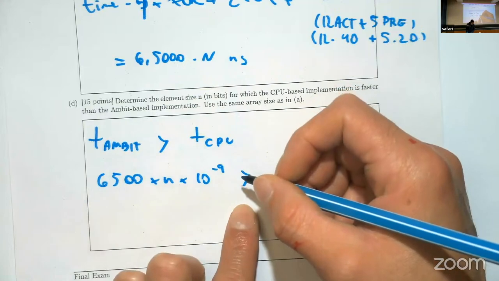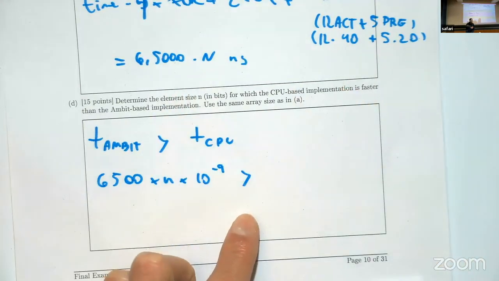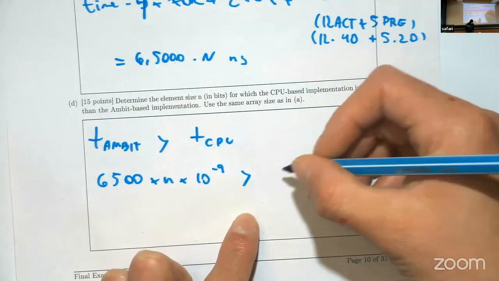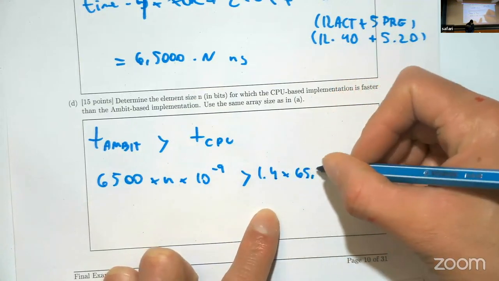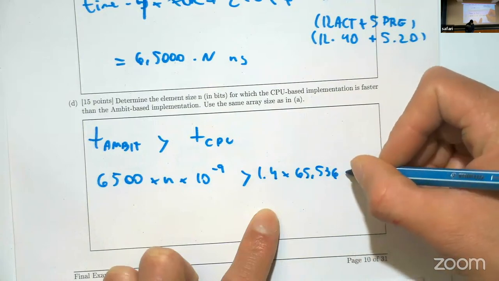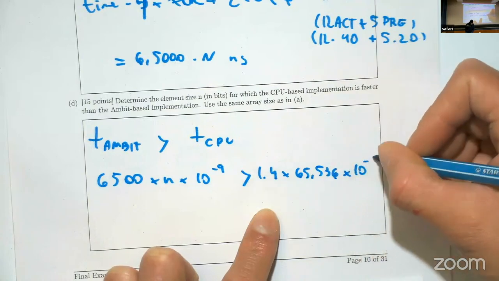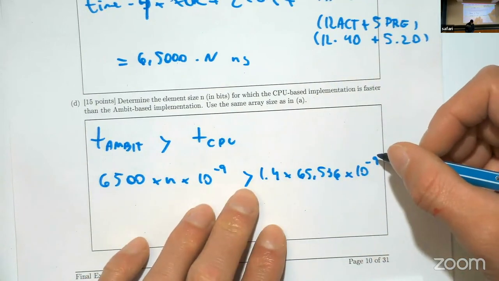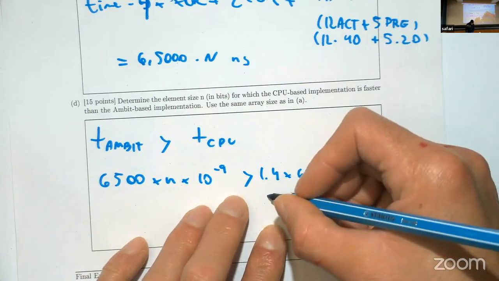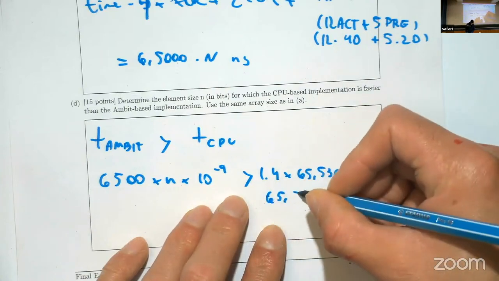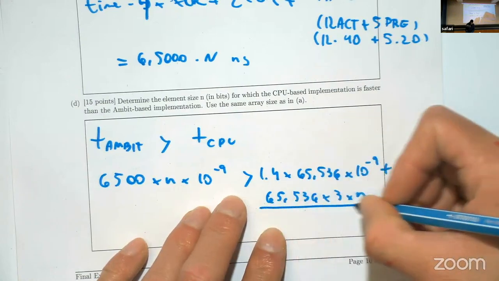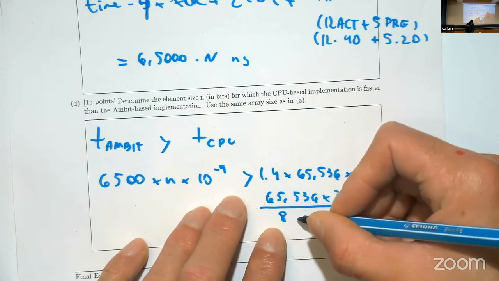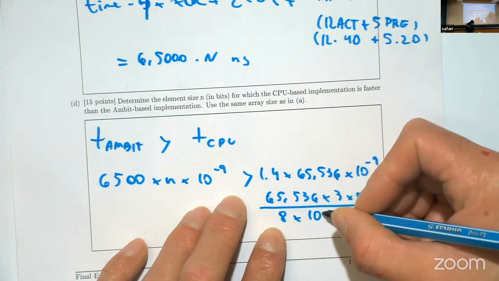And for the time of the CPU, you figured out the k and m values earlier. So this is 1.4 times 65,536 times 10 to the minus 9, plus 65,536 times 3 times n divided by 8 times 4.